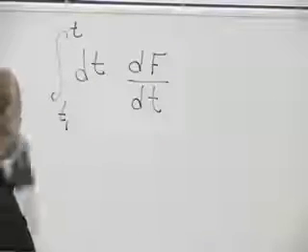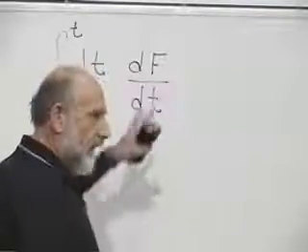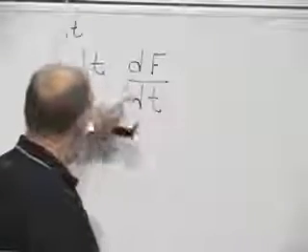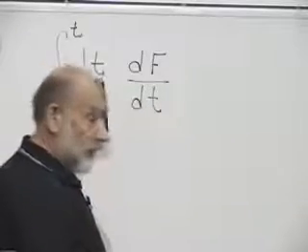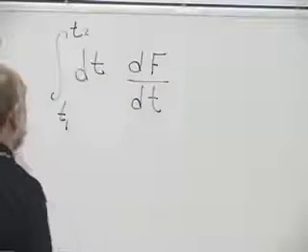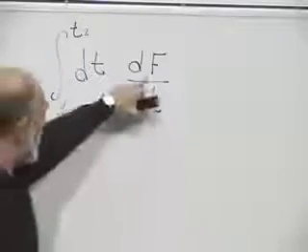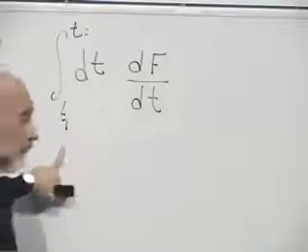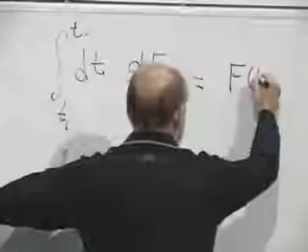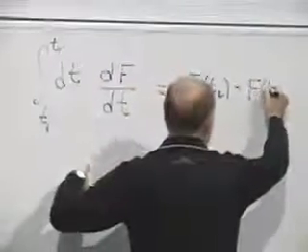The integral of a derivative is simply the function back again, f. But that's the indefinite integral. The indefinite integral of a derivative is just the function itself. But the definite integral from t1 to t2 of a derivative is just the difference of the function f at the two endpoints of integration. It's equal to f at t2 minus f at t1.